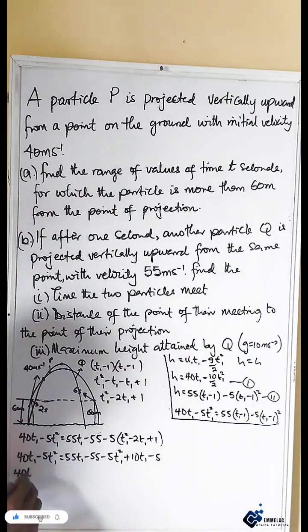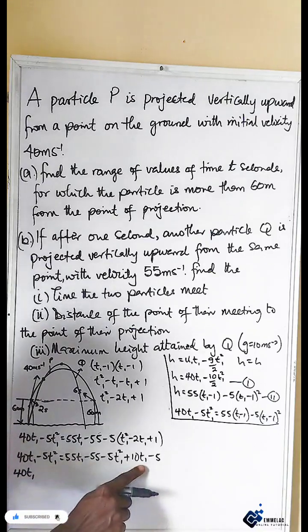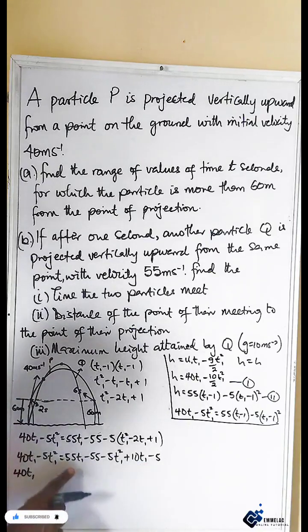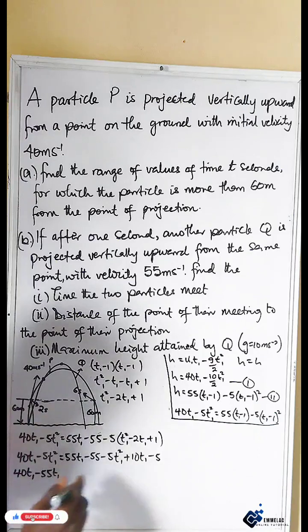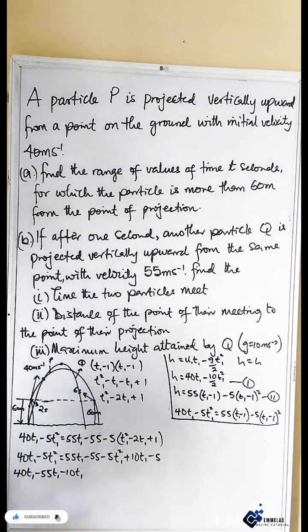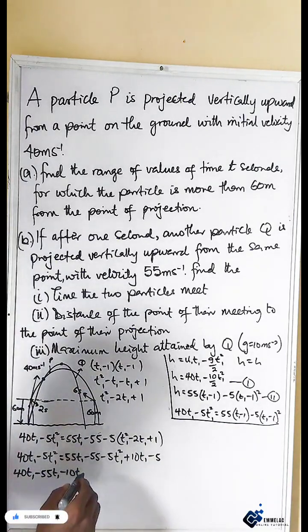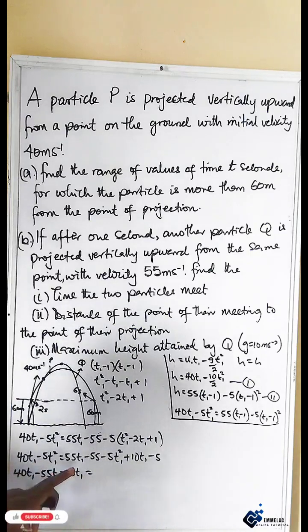Now we have 40t1. Do you have any t1 here? Yes, we have 55t1 here. So bringing all to the left hand side, we have negative 55t1 and this one also negative 10t1. Is that all? Right, so then equals, now here we have, this is gone, is over to the left, the 55.